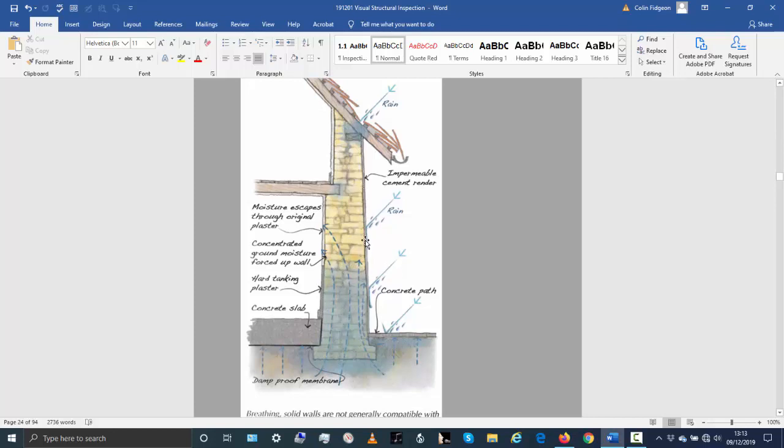But equally, the addition of a concrete footpath here at the external of a building can also cause problems for an older stone building, because any dampness that's coming up that used to be able to evaporate cannot now evaporate, so it goes up the wall.